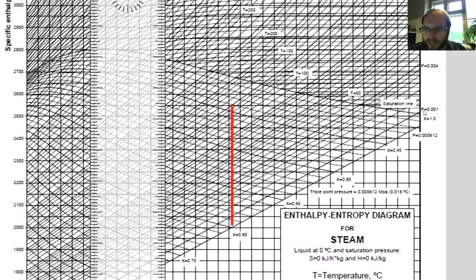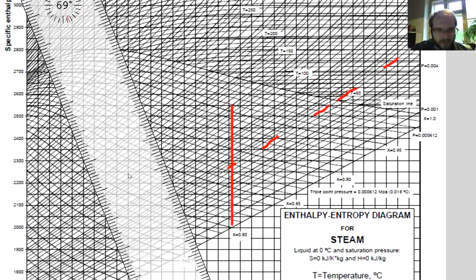Here we have 1 kilopascal, here we have 4 kilopascals, here we have 10 kilopascals. So 10, 8, 9, 7. It should be this line over here. And the isobar then continues into the two-phase region, and the cross section is over here.